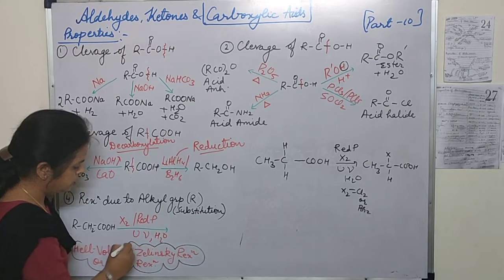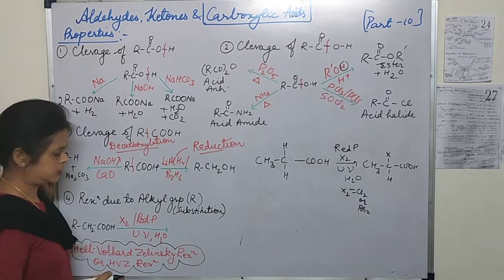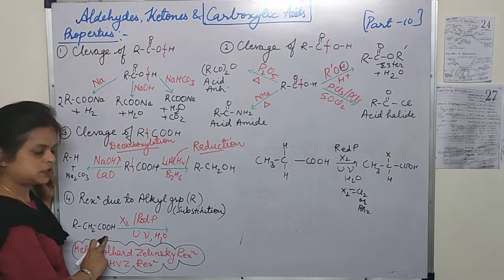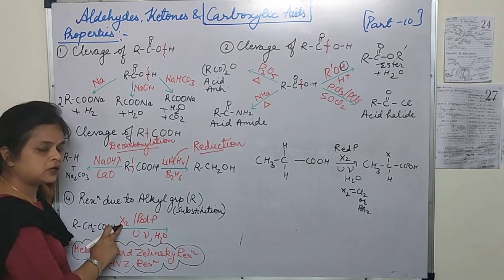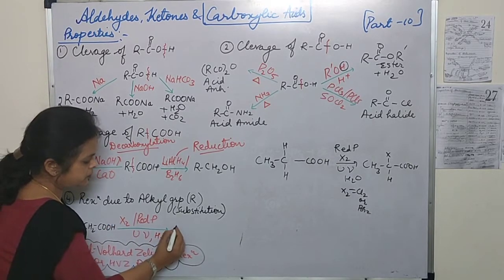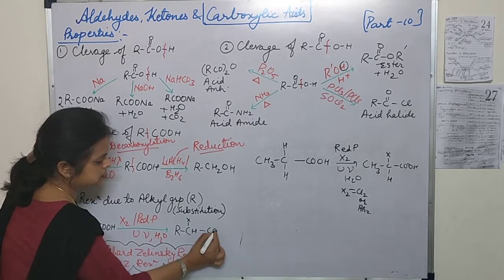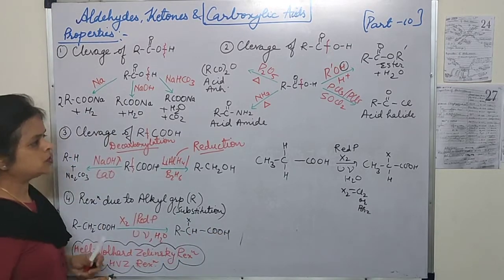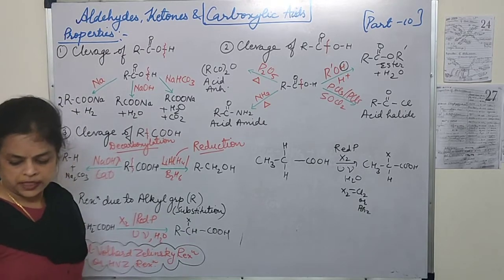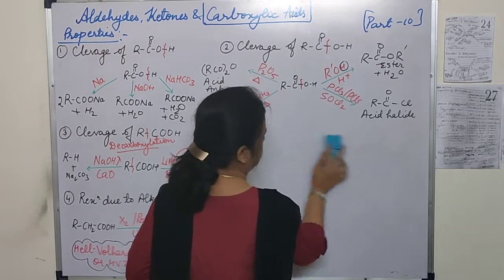Write a short note or write the chemical reaction involved in the Hell-Volhard-Zelinsky reaction. So RCH2COOH in presence of red phosphorus and halogen, in presence of sunlight and water, what is the product going to form here? RCHXCOOH. Okay, so here the substitution reaction is taking place. Alpha hydrogen is substituted by this one, halogen.